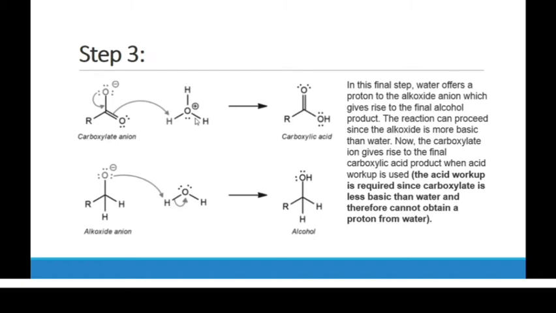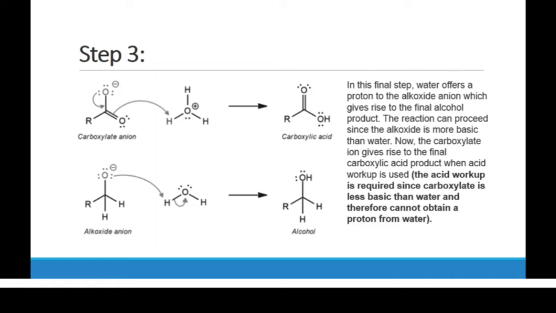If you have concentrated base, then you will have sodium here. You will not need hydronium ion. But if you are using a dilute amount of base, then you need hydronium ion by acid workup. So you have to write acid workup if you are using a dilute amount of base.